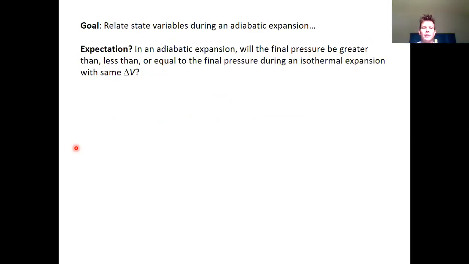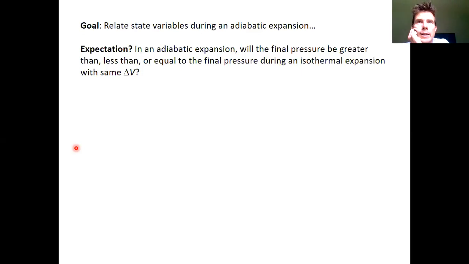That sounds straightforward. The real trick here is in relating the variables, our state variables, during an adiabatic expansion. That is, I know that I start at some pressure, temperature, volume. What final pressure, temperature, volume will I be at? And before I get into it, it's worthwhile just to think about what our expectation is.